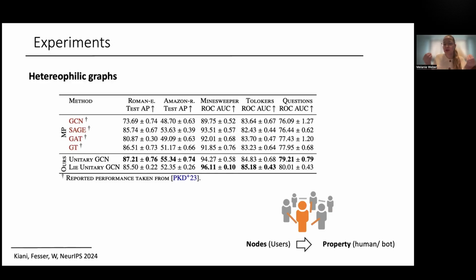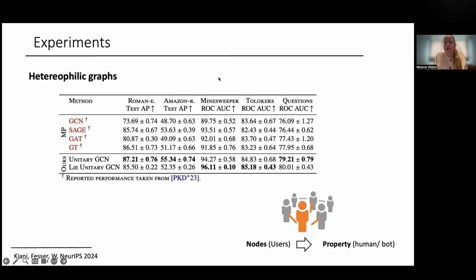That means if two nodes are nearby, we can expect the attributes to be similar. But this is not always the case in practice. For instance, one example here is an Amazon graph, where the nodes represent buyers and sellers. Just because a buyer bought a product from a seller doesn't mean their attributes align, right?